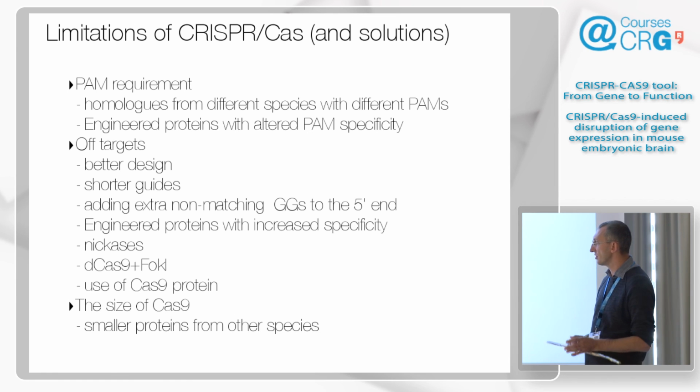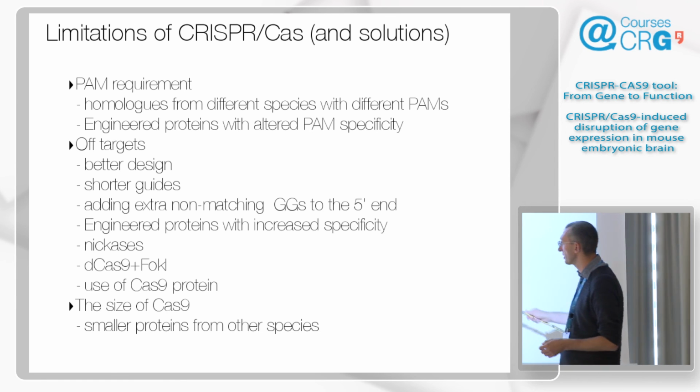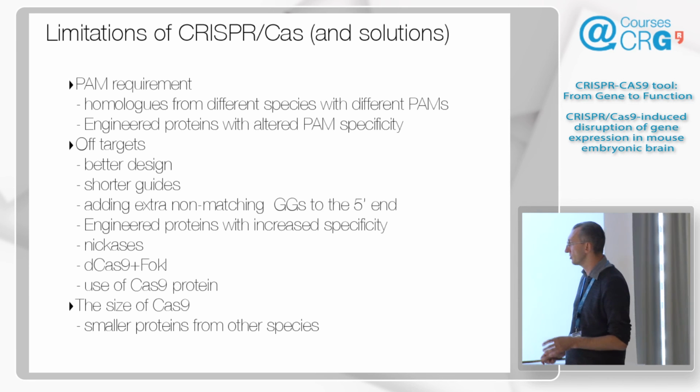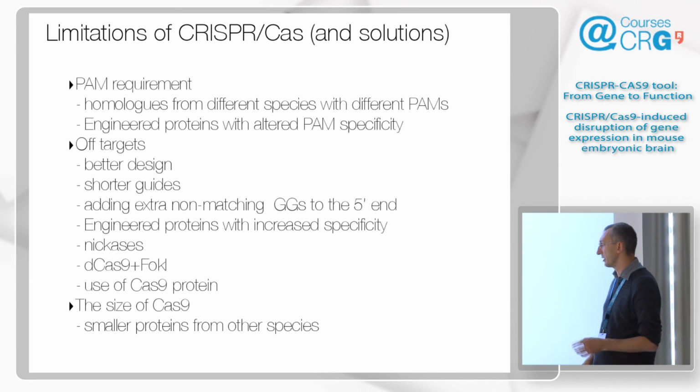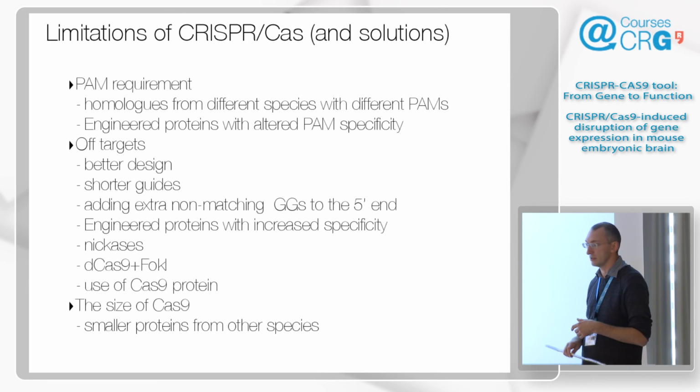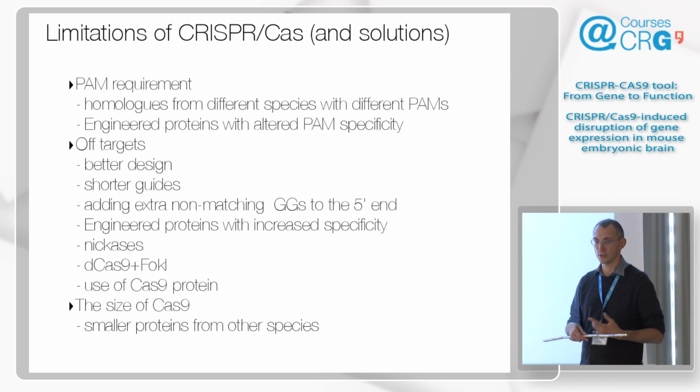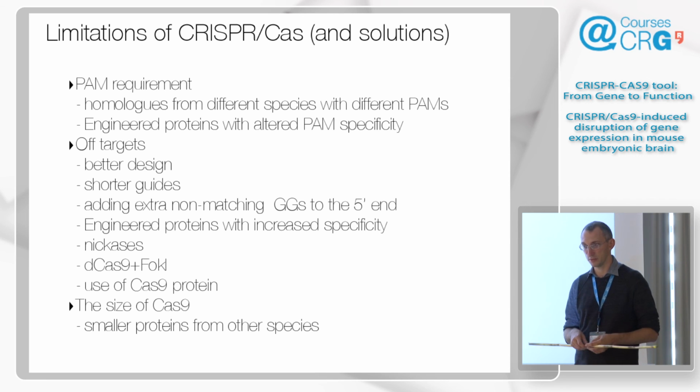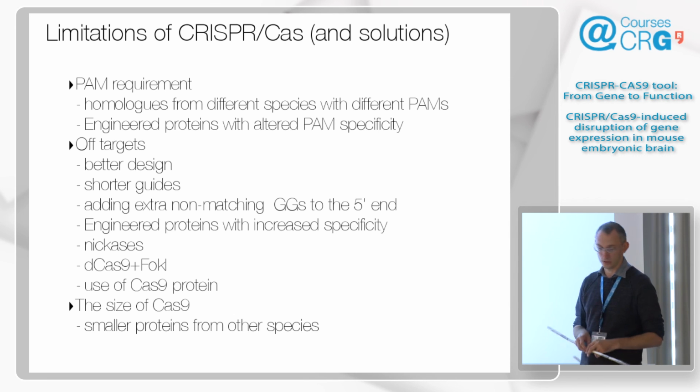Off targets, as I said, can be diminished by a number of mechanisms. I list them again, and I just add two things I didn't mention, but you probably talked about, like nickases and uses of Cas9 linked to FokI, which would be kind of going back to the old zinc finger and TALEN idea, but this time with Cas9. This is being used.